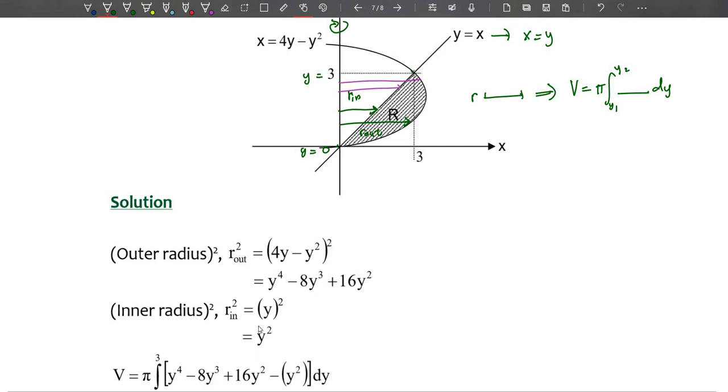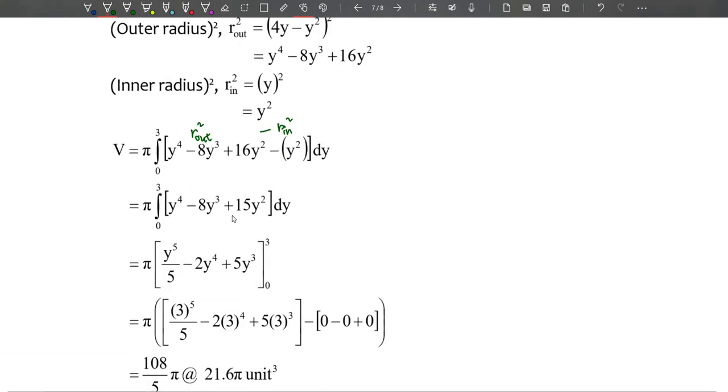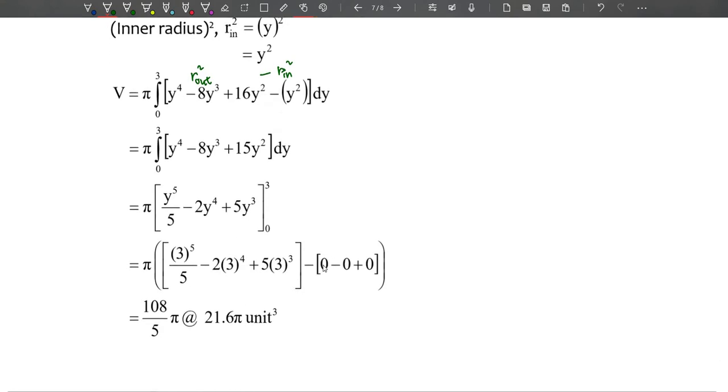Here would be the outer radius squared minus the inner radius squared. Simplifying, we will have this term and then integrate. After integrating, substitute the value of the upper boundary minus the substitution of the lower boundary. You can also write it like this to make it much clearer why we get 0.